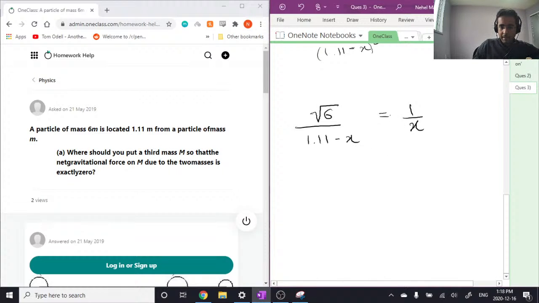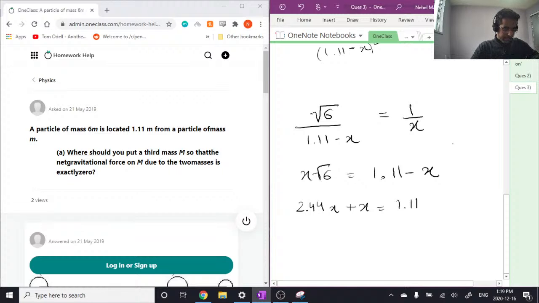Okay. And then if we cross multiply, we will get x root 6 is equal to 1.11 minus x. And then if we take this to the other side, we solve for x. Root 6 is actually 2.44, so 2.44x, and then once x goes to the other side, it becomes plus x equals 1.11.